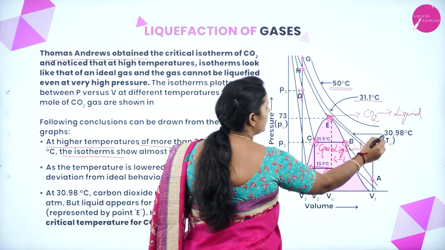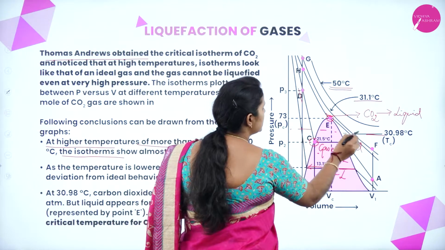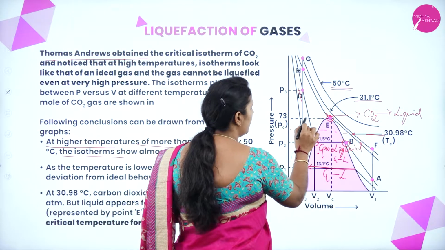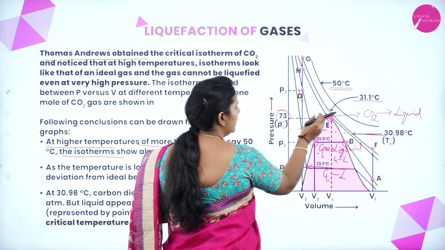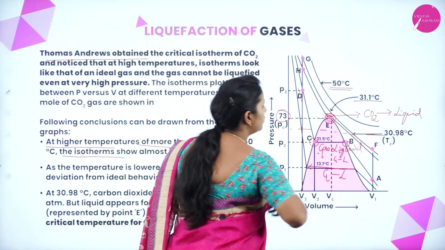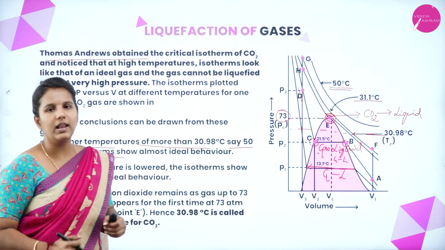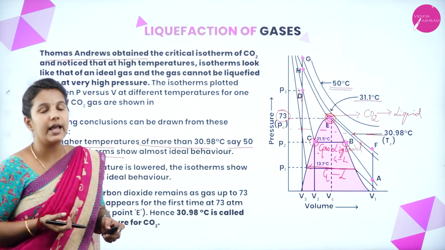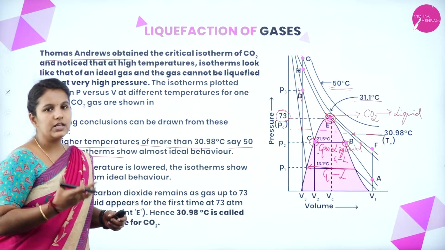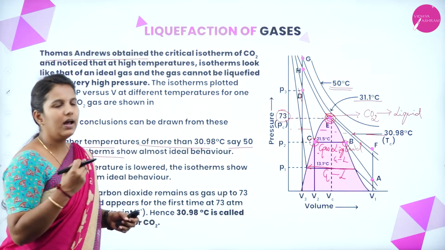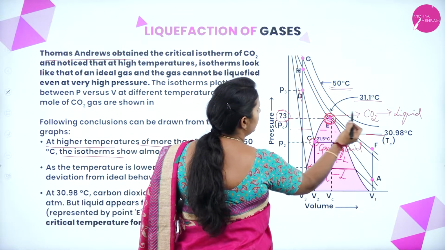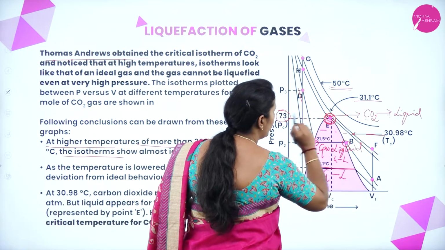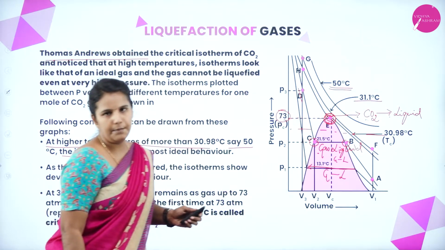This is the minimum pressure required, that is 73 atmospheres, to liquefy or convert the gas into liquid at the critical temperature, which is known as the critical pressure. Remember, it is nothing but the minimum pressure required to convert the gas into liquid at the critical temperature.